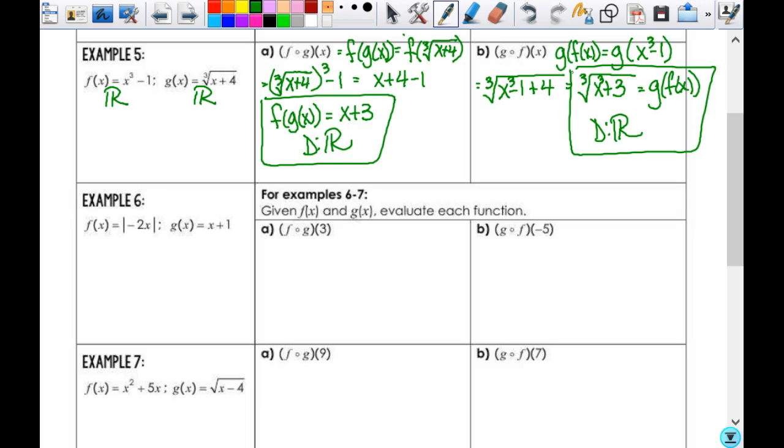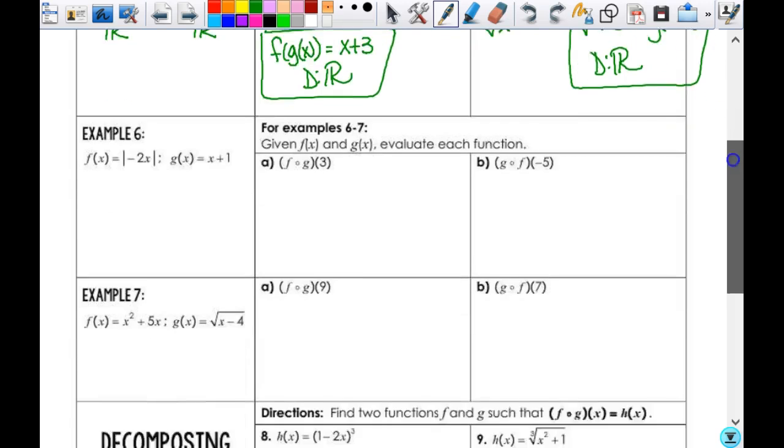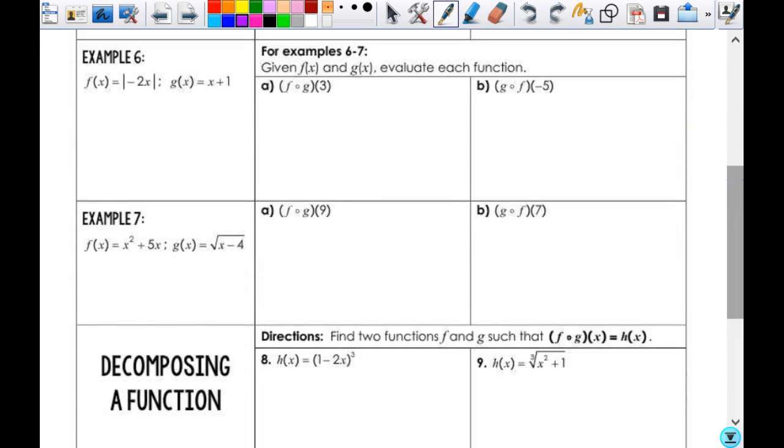Okay. So now we're going to evaluate each function. Right? So f of g of 3 is f of g of 3, like this. So that's equal to f of, well, g of 3 is 3 plus 1. So that's f of 4.